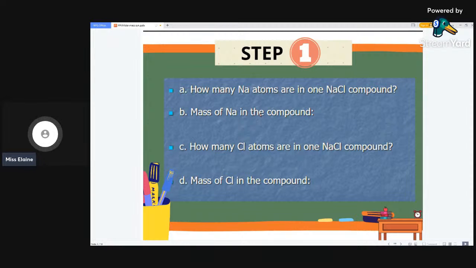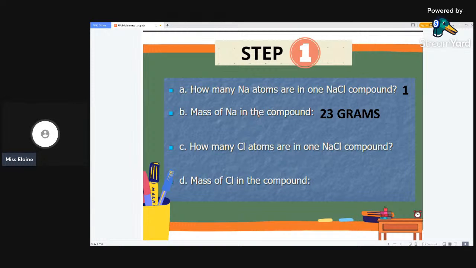We are going to use two decimal places. Since it is 0.99, it will be rounded off, so 22.99 becomes a whole number. How many sodium? 1. So the mass of sodium in the compound is 23 grams.